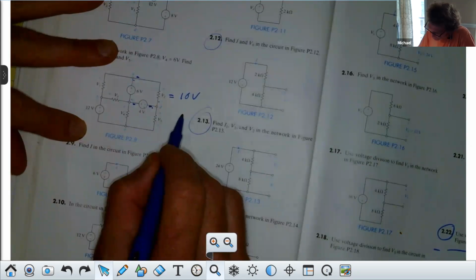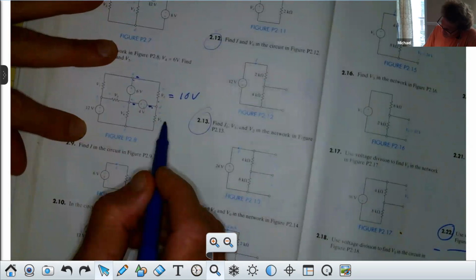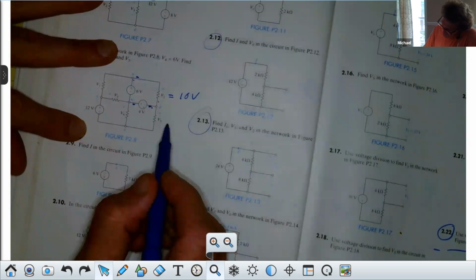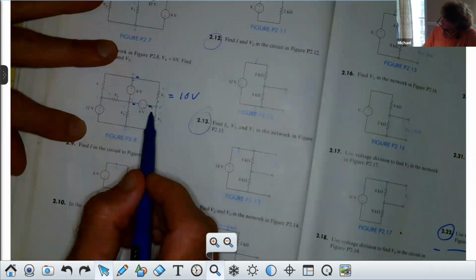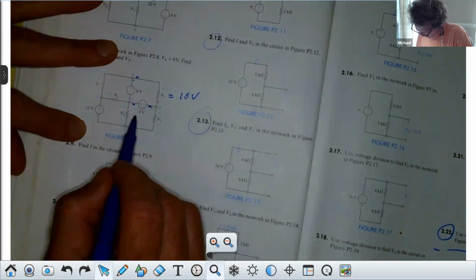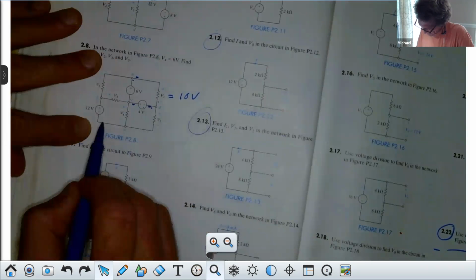Well, let me go ahead and try it. We could write a system of equations, but if I have 10 volts there, I got 4 volts there. I want you to follow me on this, all right?